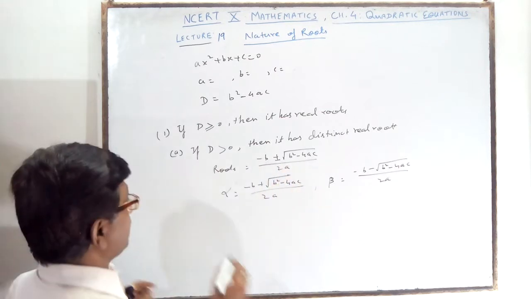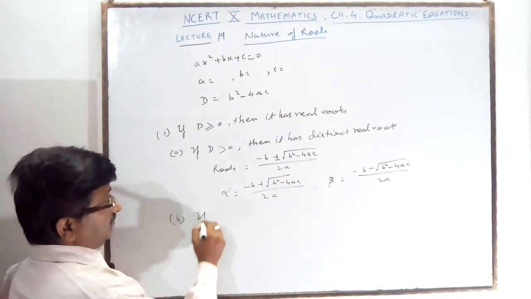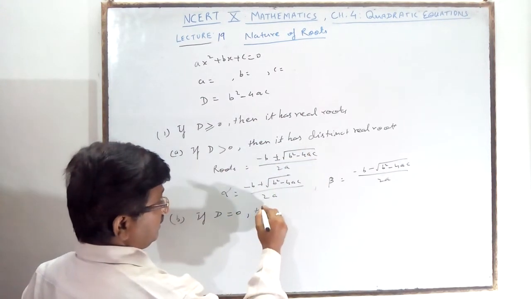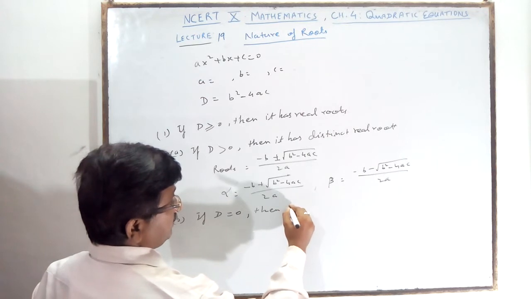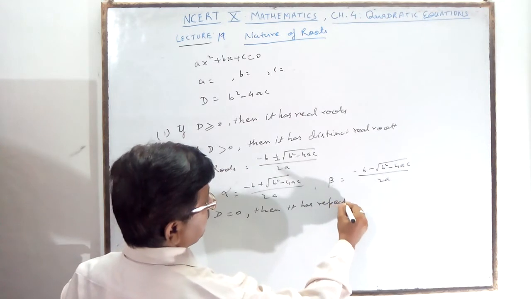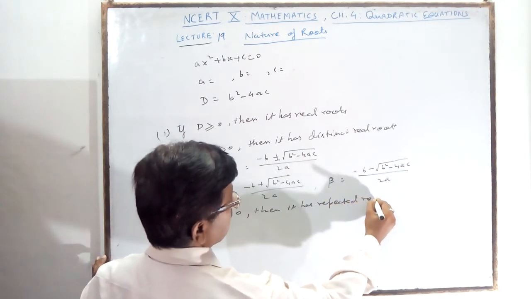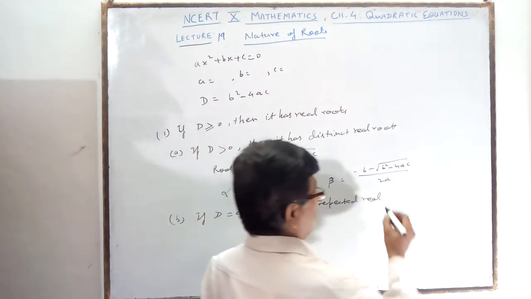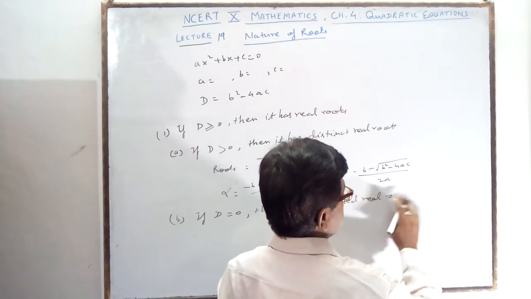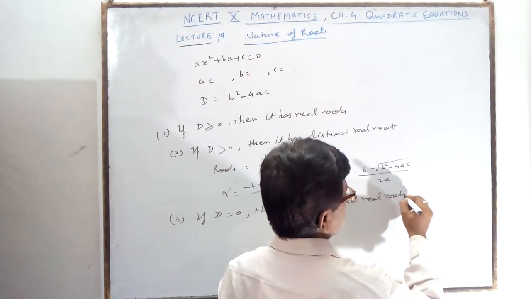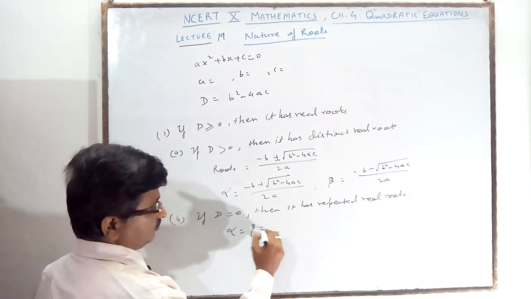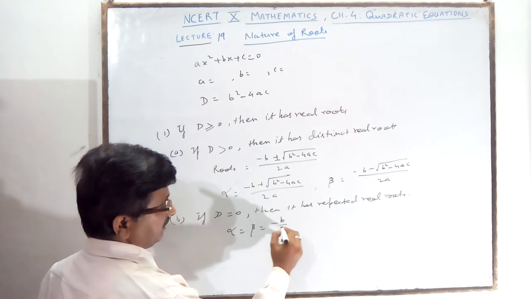Don't write it a second time. Second case, if d is equal to 0, this part will be 0, then it has repeated real roots, or you can say equal roots, or you can say both are equal, and the roots will be alpha equal to beta equal to minus b by 2a.